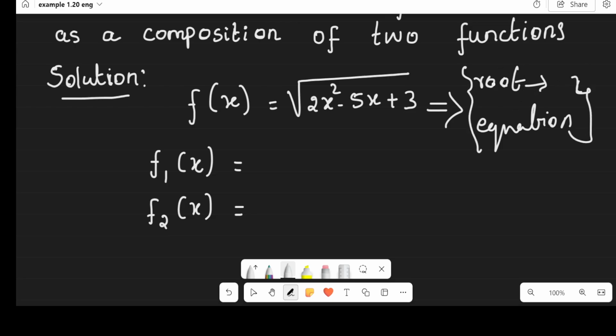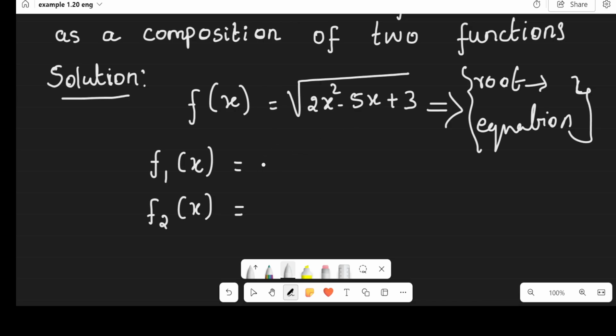If we apply this root function onto this equation function, we will be getting this composition, right? So I'm taking the first function as root function and then the equation expression function. Expression means this 2x square minus 5x plus 3. That is also a type of function.